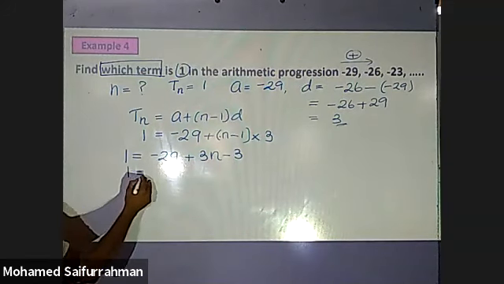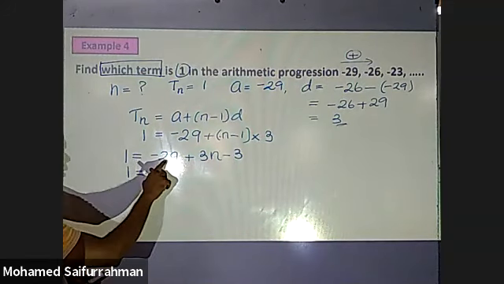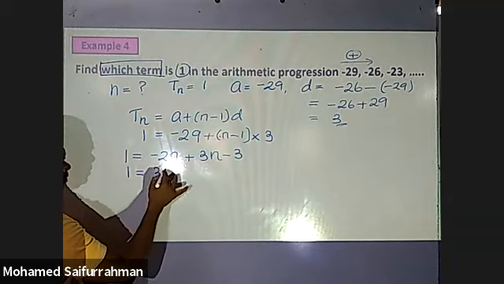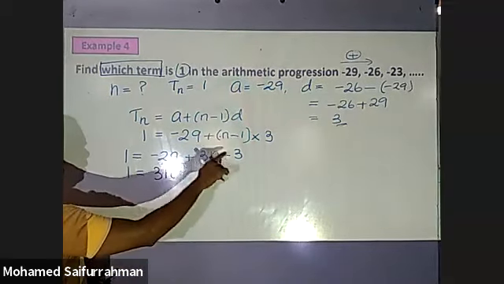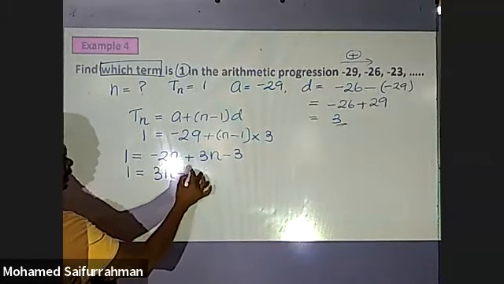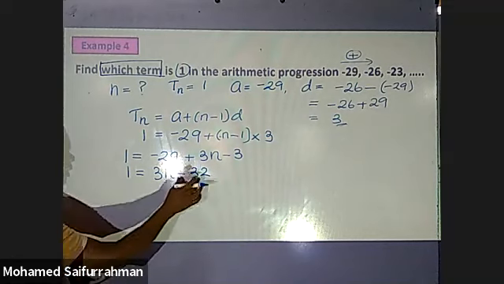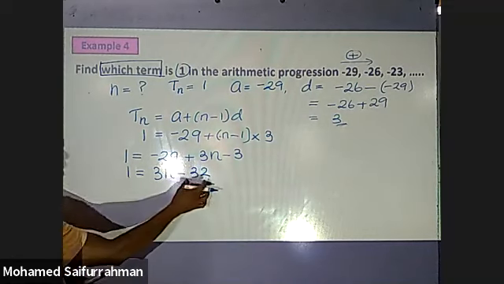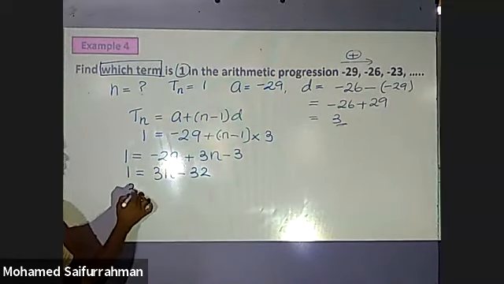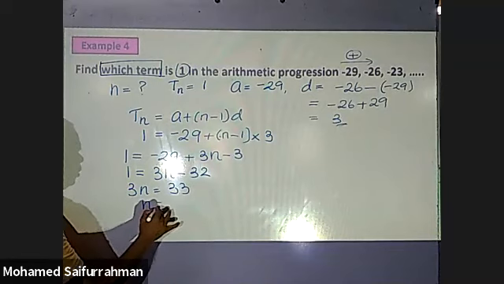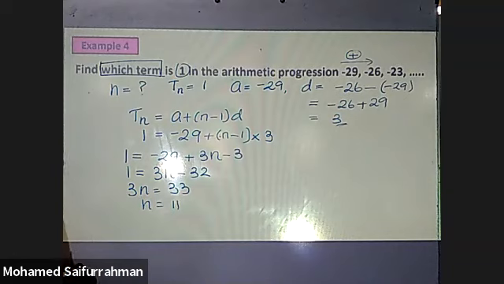So 1 equals 3n minus 29 minus 3, that is minus 32. So minus 32 comes here as plus 32. So 3n equals 33, n equals 11.